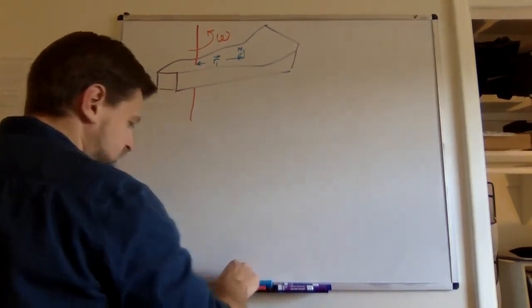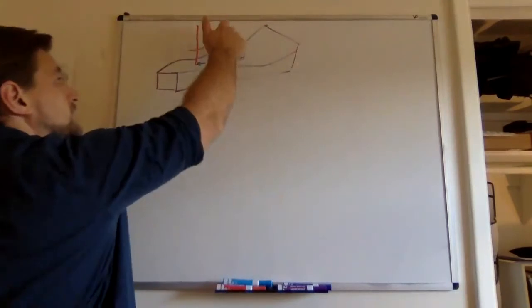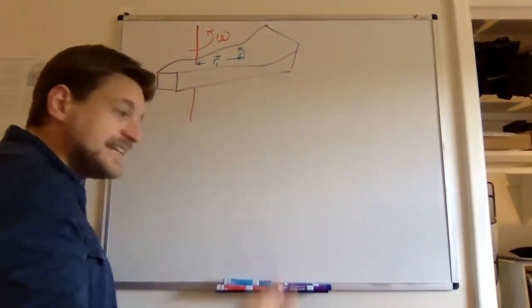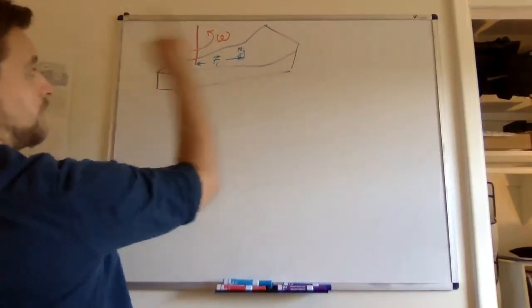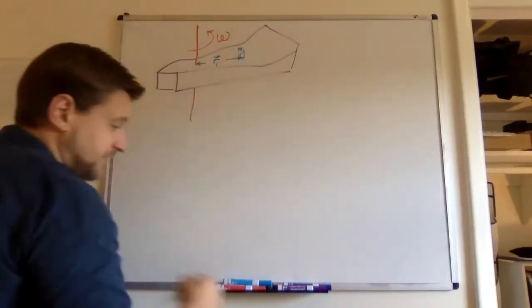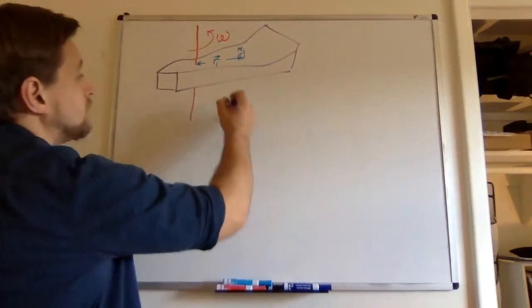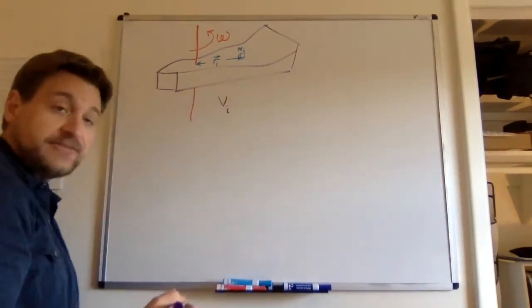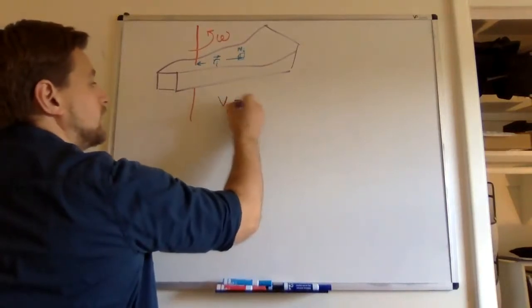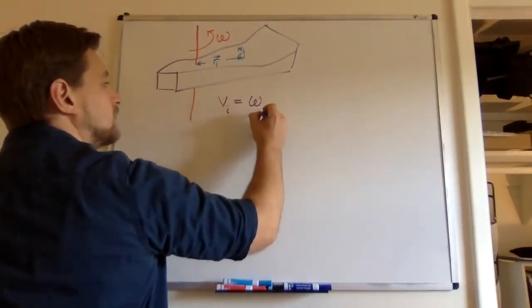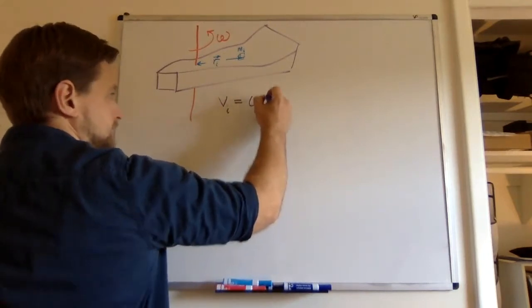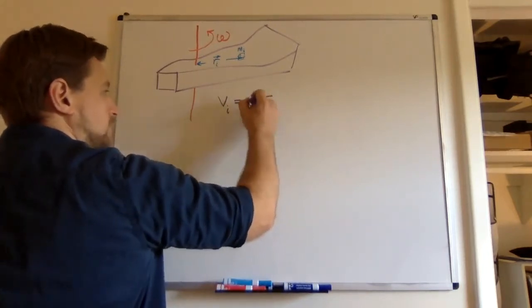We know if it is rotating with angular velocity omega, it has some linear speed in the circular path around this axis. So we could write that the velocity of this ith piece is omega r_i.